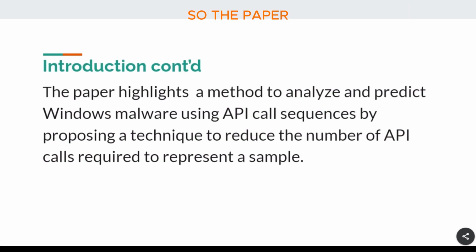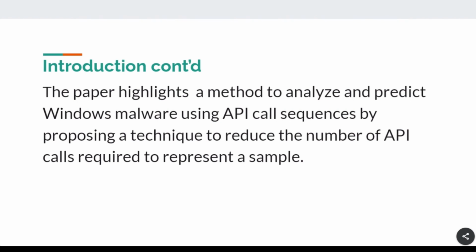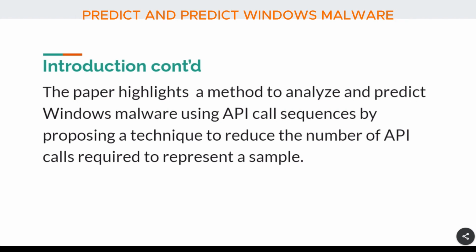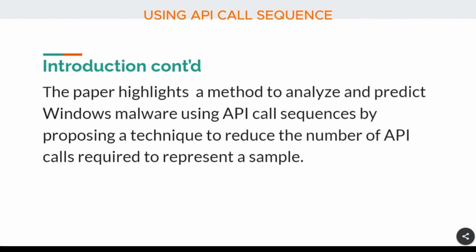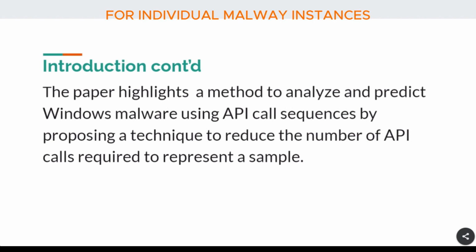So the paper highlights a method to analyze and predict Windows malware using API call sequence by proposing a technique to reduce the number of API calls required to represent a sample. The paper addresses the challenge of constructing behavioral graphs for individual malware instances based on API call sequence.